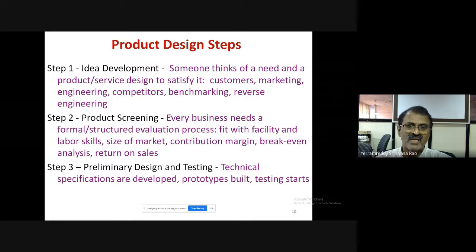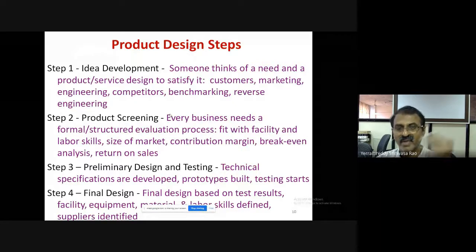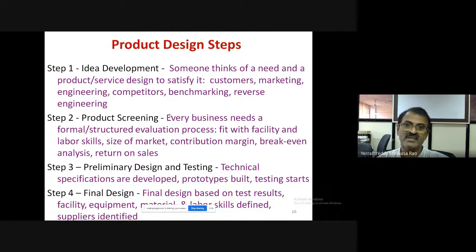Okay, so due to lack of time, I'm not going into minute details, but I was telling you the various stages: idea, then product screening, preliminary design, and final design. So these are the various steps of every product. Even if you want to showcase your work, you should prepare a proper roadmap, because otherwise why would anybody fund your idea, right?